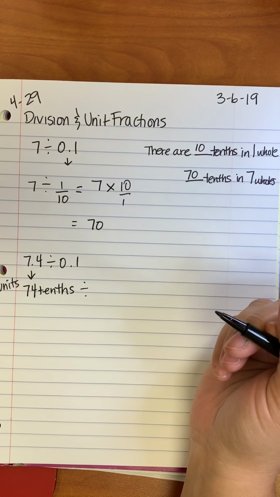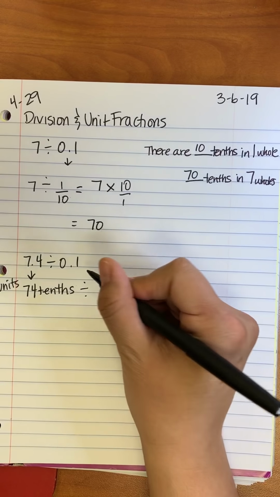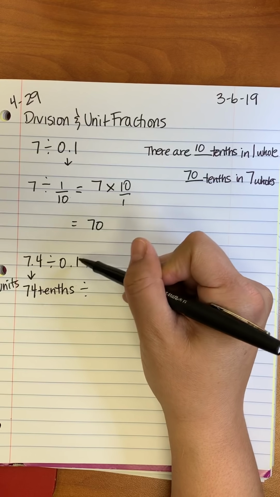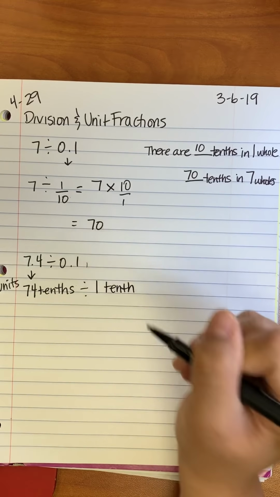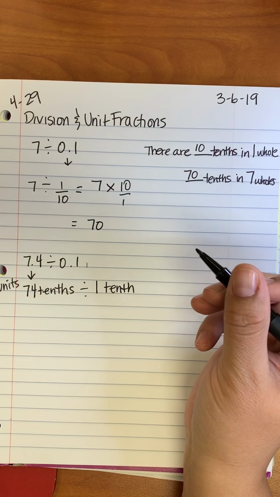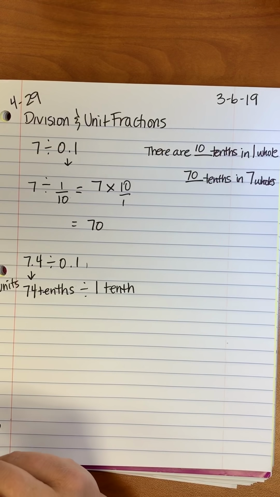And then let's do this. So we're going to do this using units. And then the 1/10, so 74 tenths divided by 1/10 is the same thing as 74 divided by 1.